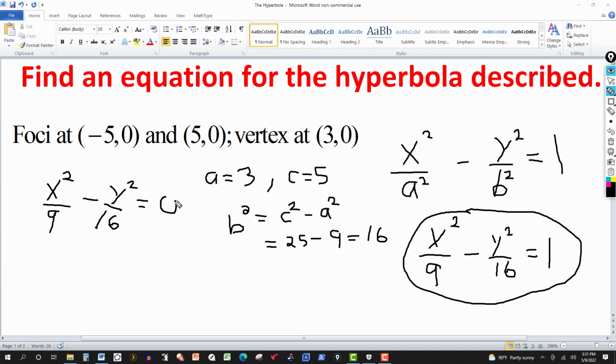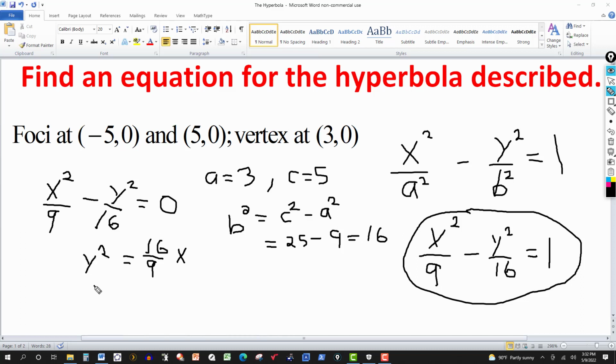If you set this equal to 0, in other words, replace 1 by 0, this is a shortcut to get the asymptotes. Simply solve this equation for y squared, and then take the square root. So if I take this over to this side, and then I multiply by 16, this gives me 16 over 9. So we have y squared is equal to 16 over 9 times x squared.